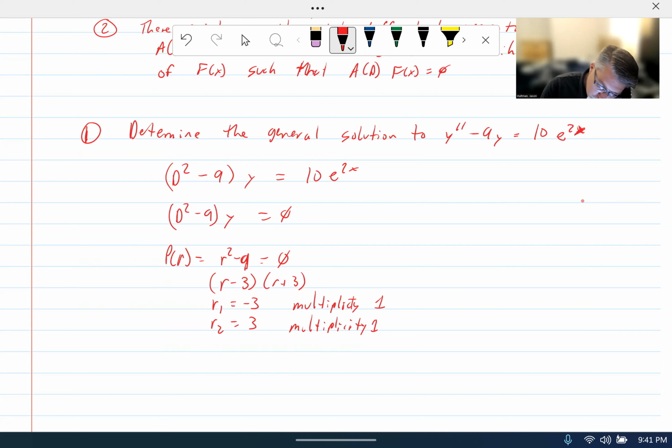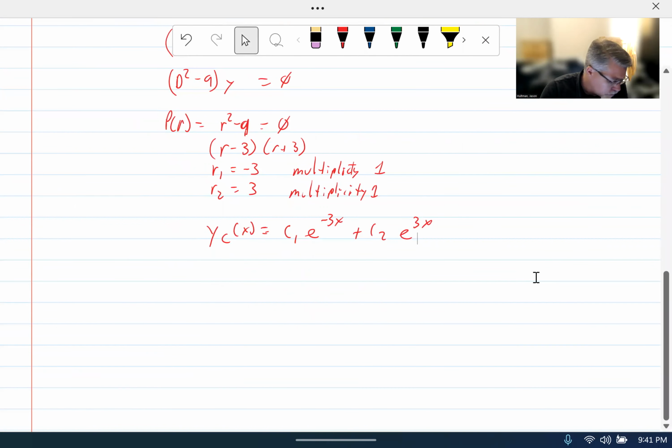So yc of x is equal to c1 e to the negative 3x plus c2 e to the 3x.